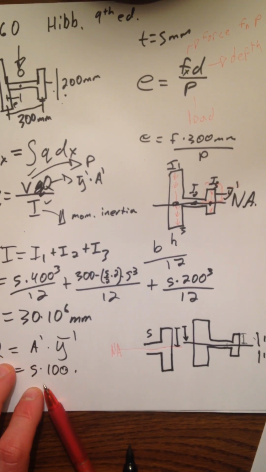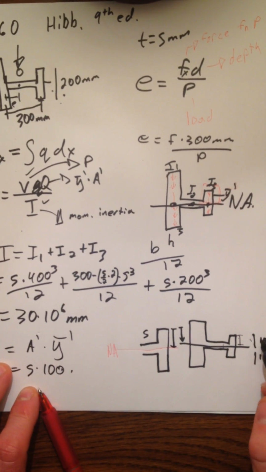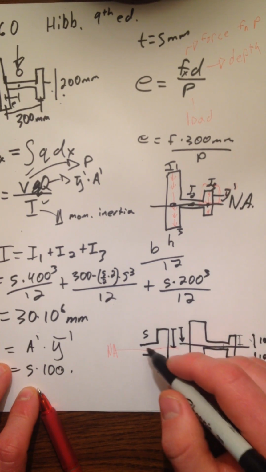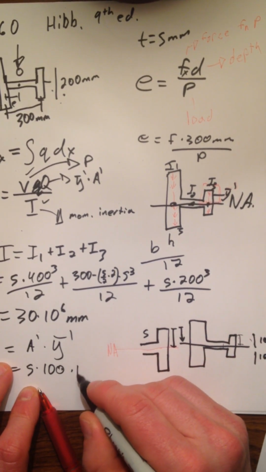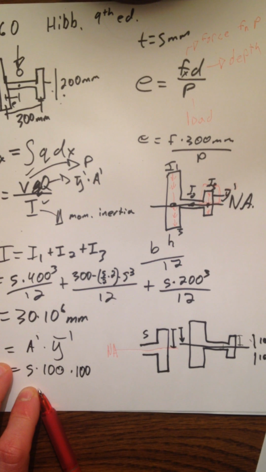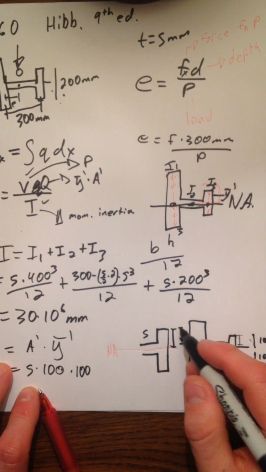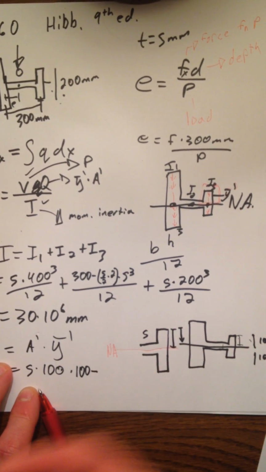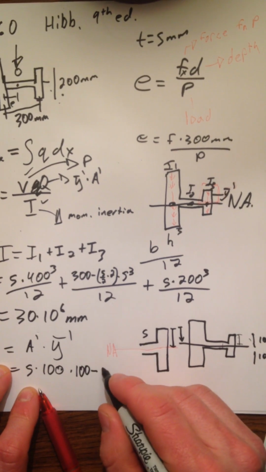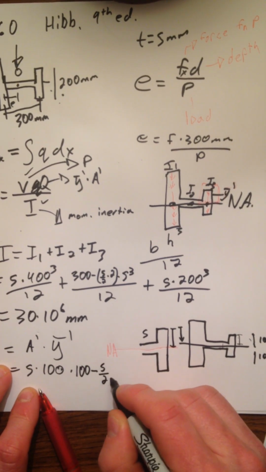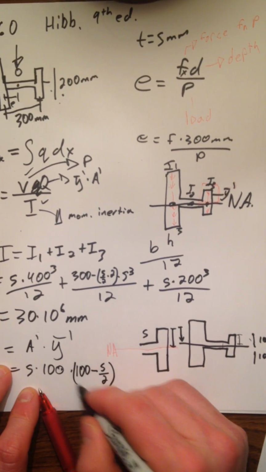We know the full distance of that half is 100, but then we need the centroid of that, so it's always going to be changing, so we just know it's going to be s over 2.